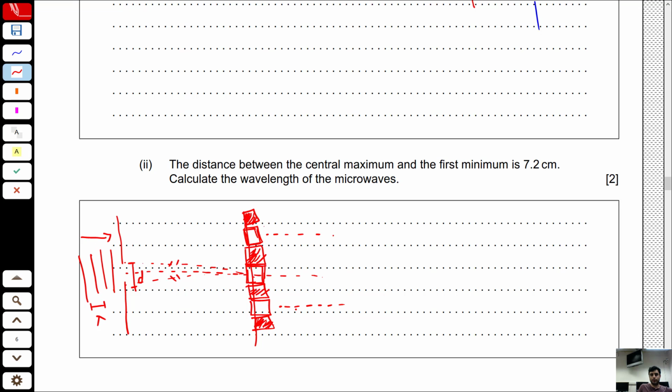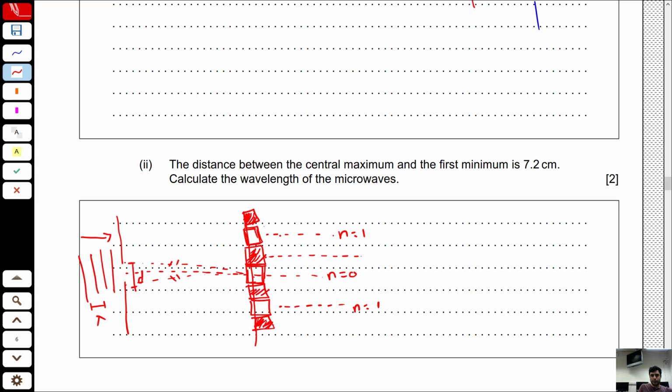So in other words, this always happens at n0, the first maxima, and this one is the central maxima, which occurs at n1. The distance between the central maxima, this one, and the first minimum, this one. You can choose the bottom one or the top one, it doesn't matter.